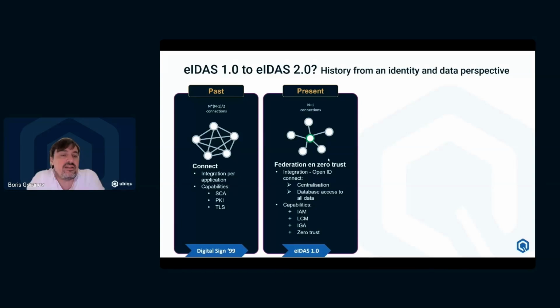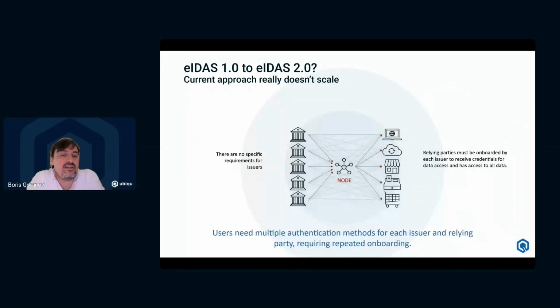And this is the state of the art currently. So what is important to understand is it's centralization, it's identity and access management, and on the central node you can do governance. And if we take that to the extreme where we have the centralization from the endpoint to the application, then we call it zero trust.